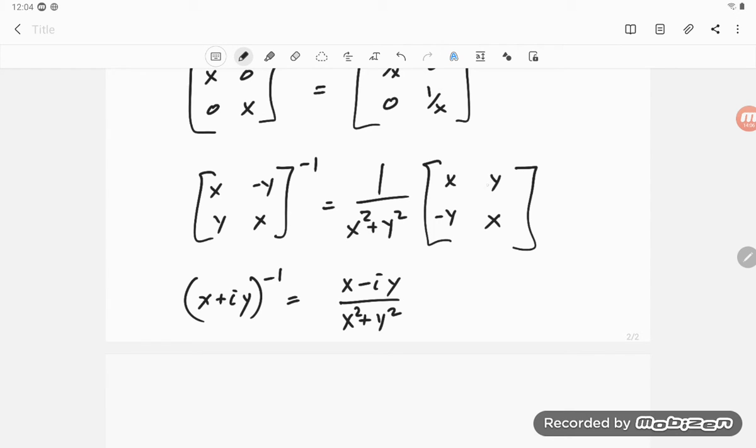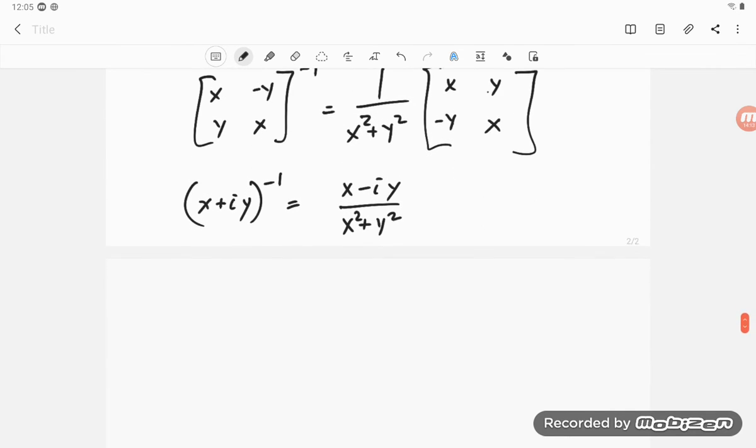Okay, because we've switched the negatives here, so that would be x minus iy. And let's check that. So mostly I just need to check that the numerator here times x plus iy gives me x squared plus y squared.